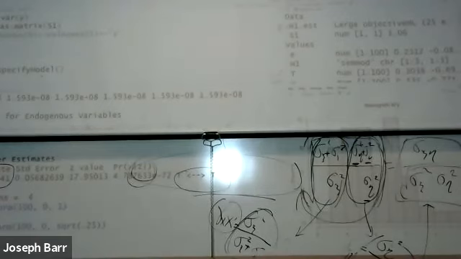This part is the bias. This is the absolute bias, but if you want to use a relative bias, it's the absolute value of the bias divided by the true value. The true value is 1, so it's the same thing here.